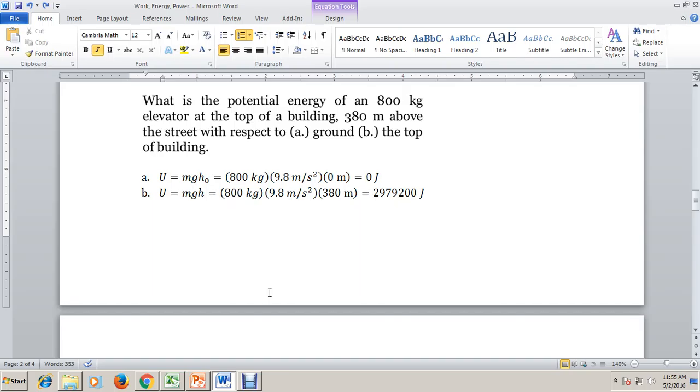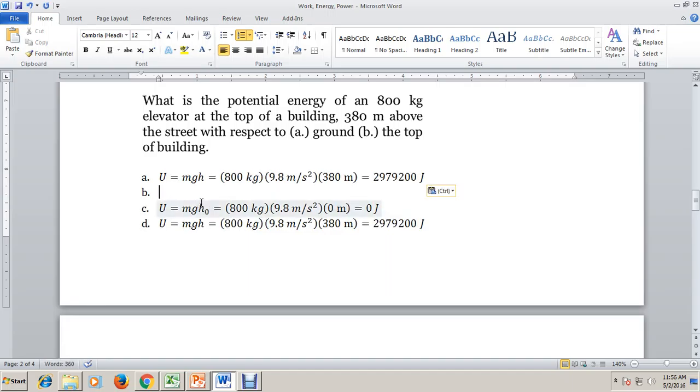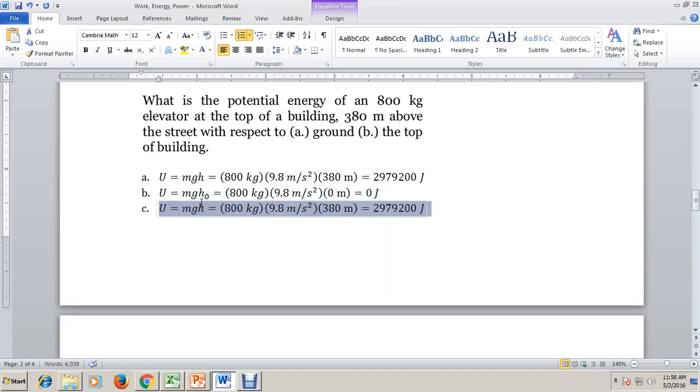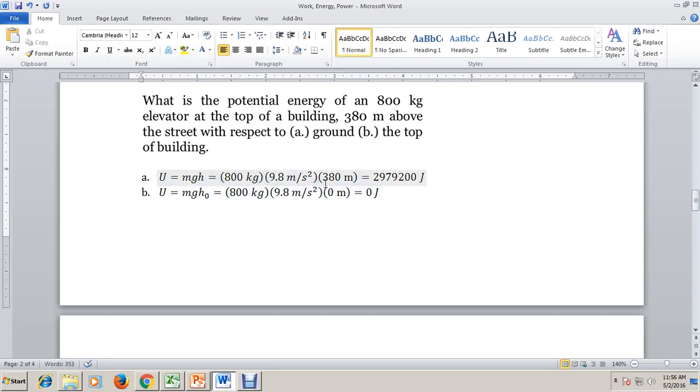With respect to the ground, the potential energy of the elevator when it is on top of the building is given by this. From the ground to the top of the building, the height is 380 meters.